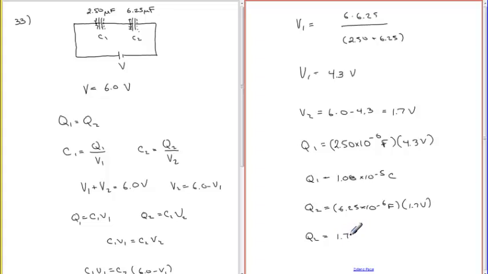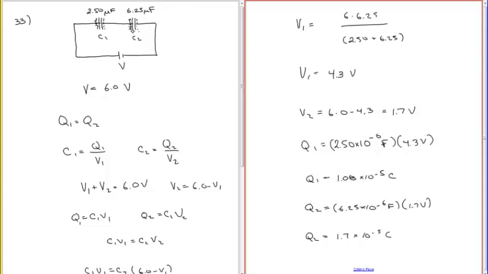It's 1.7, so it's pretty close. It should be exactly the same, because we said that Q1 equals Q2, so this is just rounding off error. So the charges are the same, and that makes sense. Okay, so that's part A.